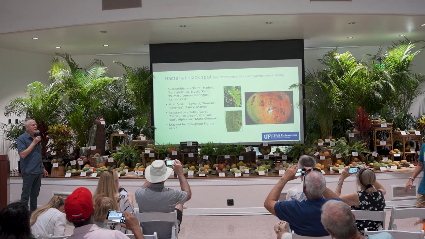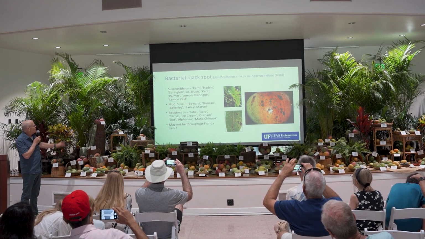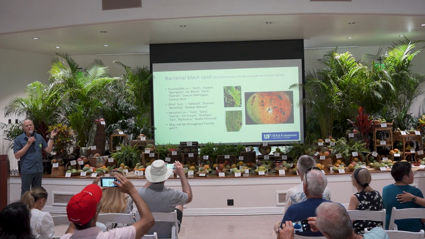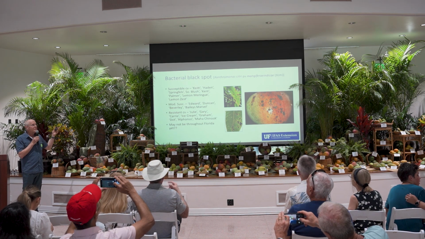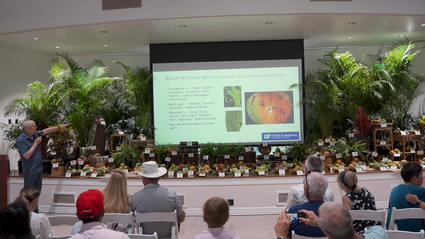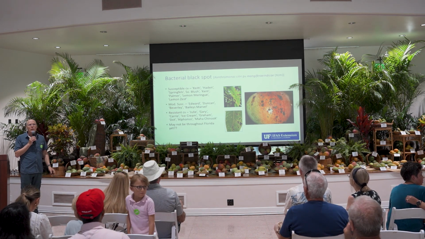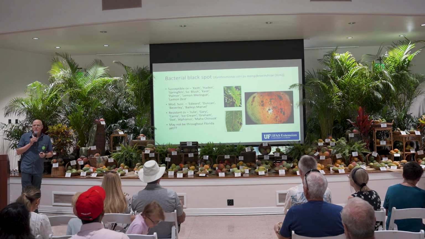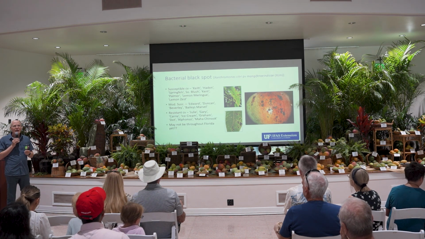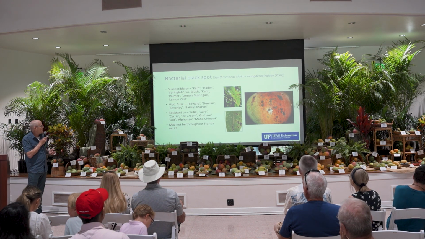Bacterial black spot. This is relatively new to Florida. It's been around for a number of years, but I'd say it's relatively new. We have a publication on this that talks about the different varieties and how susceptible or resistant they are. We don't have a complete list yet, but it varies by variety how susceptible they are to this.